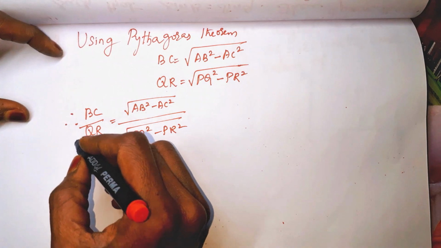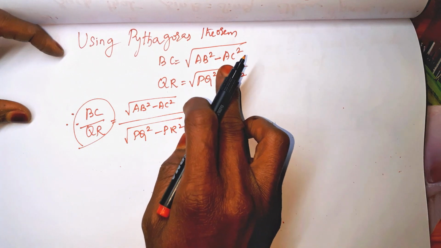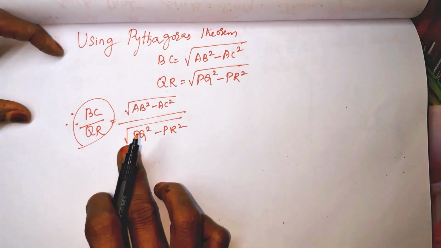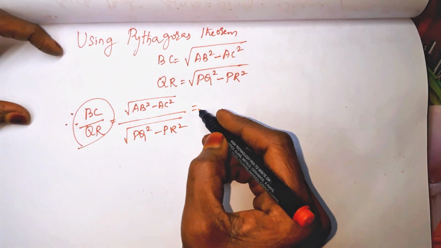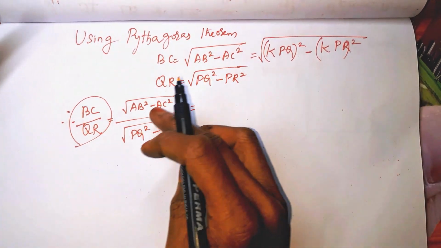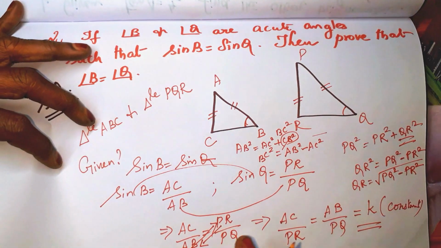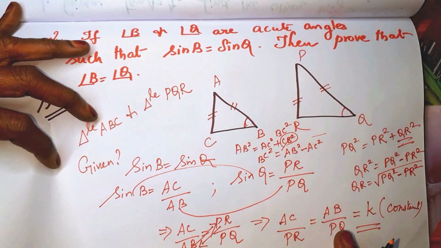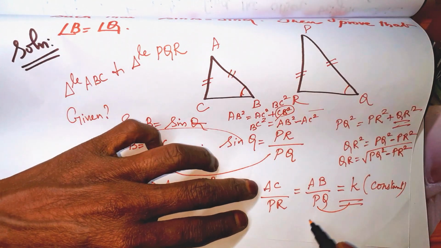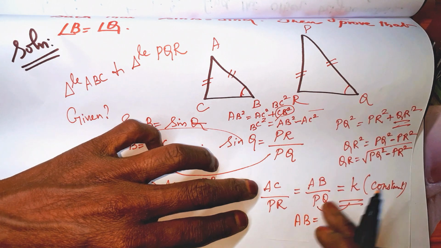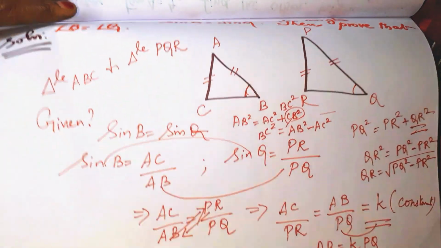Now we are going to find the ratio BC by QR. BC is equal to the root of AB squared minus AC squared. QR is equal to the root of PQ squared minus PR squared. In the previous formula, we have AC by PR equal to AB by PQ equal to some constant K. Equating these separately, AB is equal to K into PQ, so for AB we can replace KPQ.